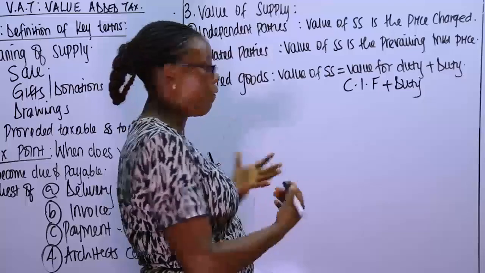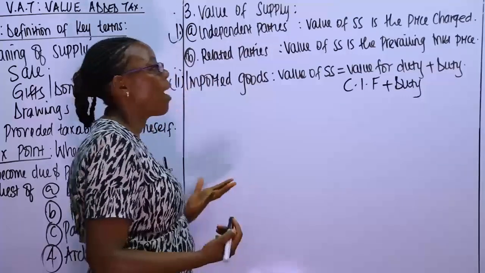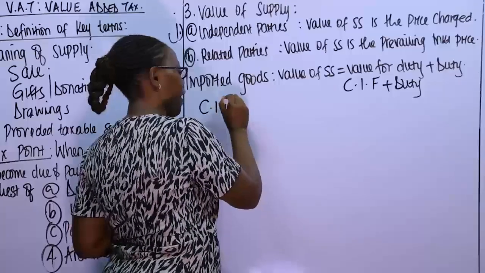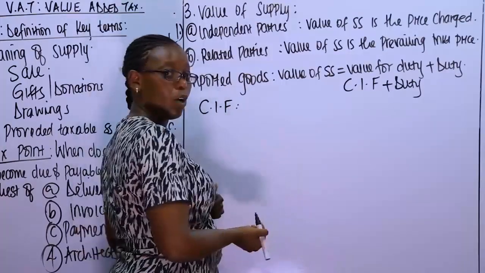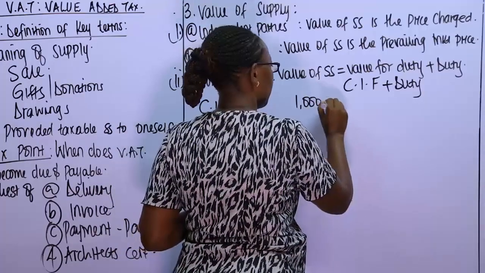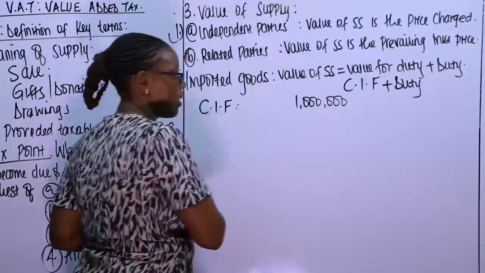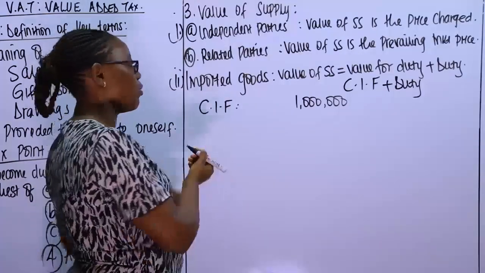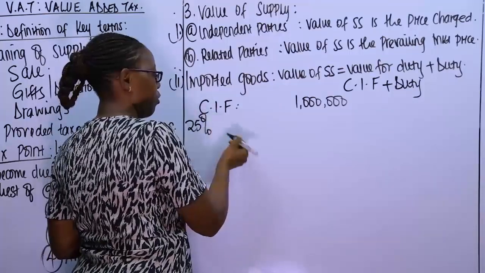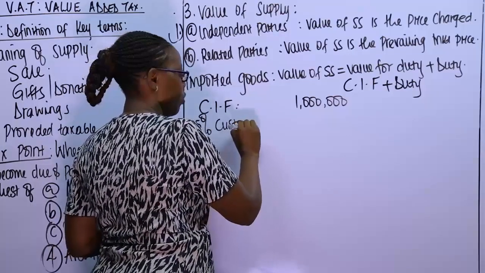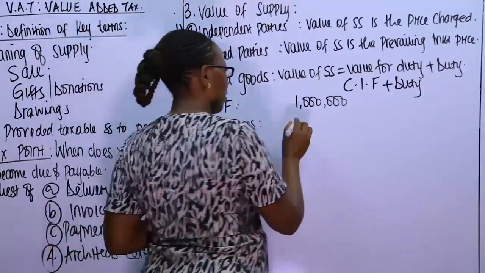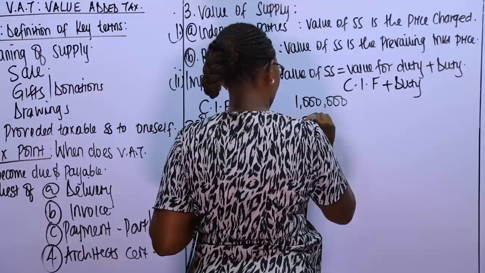So we will take, for example, let's say you are importing a vehicle. The CIF price of the vehicle is, let's say, 1 million. And on this, KRA slaps a duty of 25%. So there is going to be 25% import duty or customs duty. We take 25% of 1 million, which is 250,000.